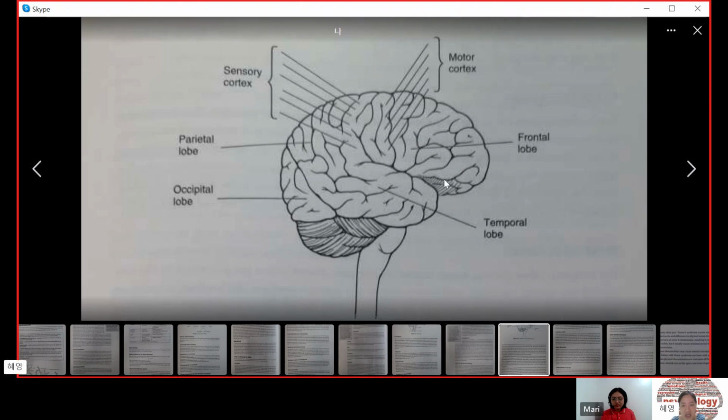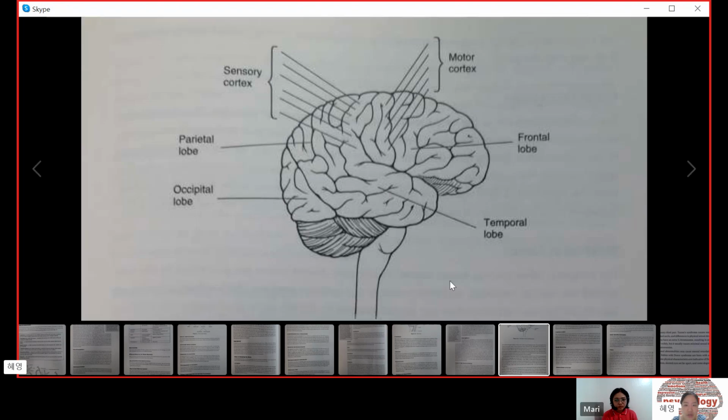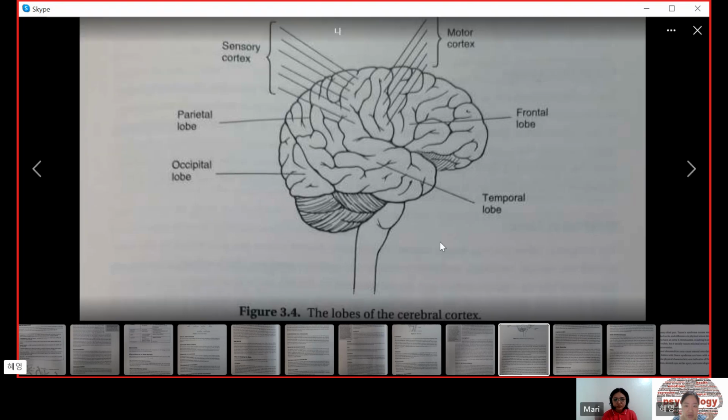And this is the parietal lobe next to here. And here, sensory cortex. And here, motor cortex. And this is the occipital lobe. And this is the temporal lobe. So you might know where the lobes are located now.